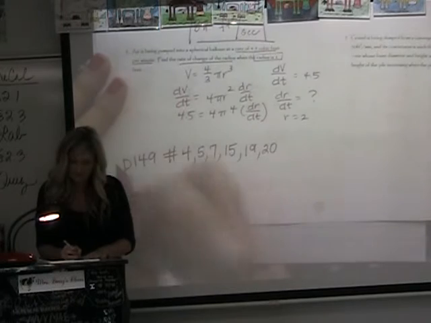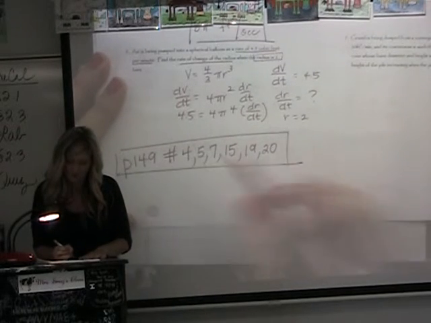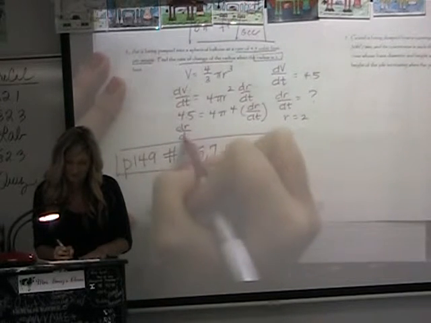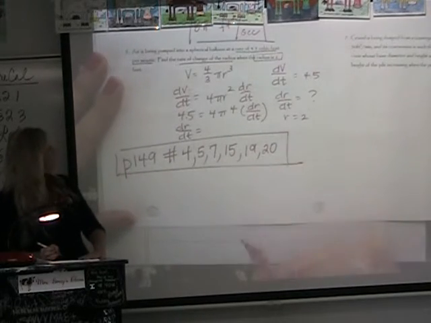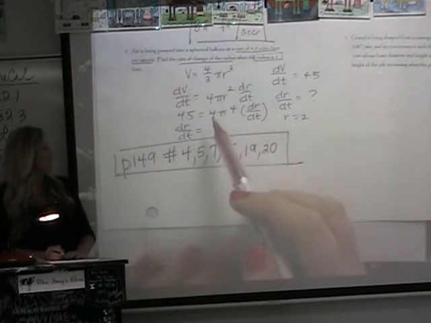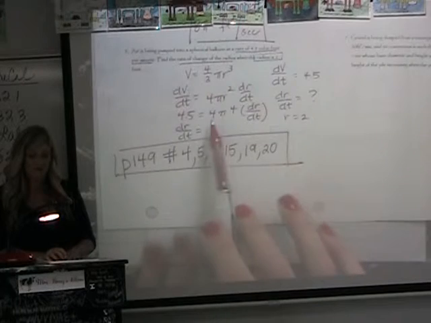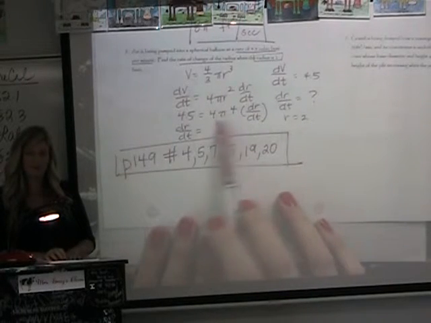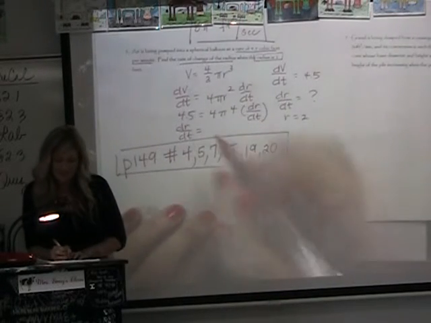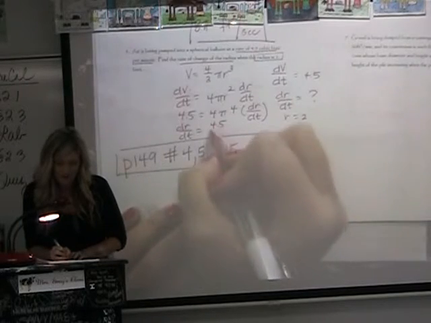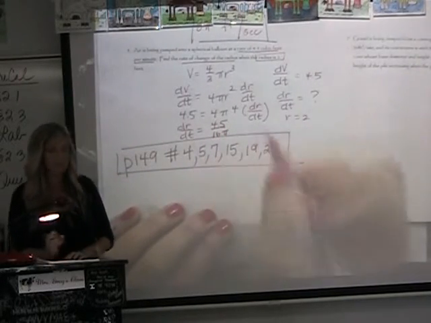So when you get dr by dt by itself, you're going to divide both sides by 16 pi. 4 times 4 gives me 16. We have 16 pi on this side. So we get 4.5 over 16 pi.